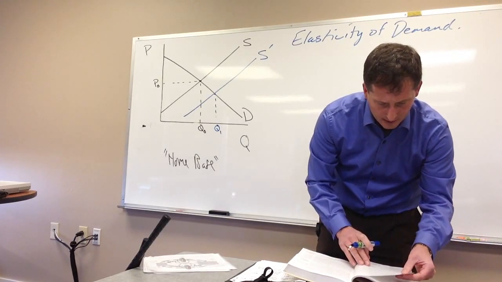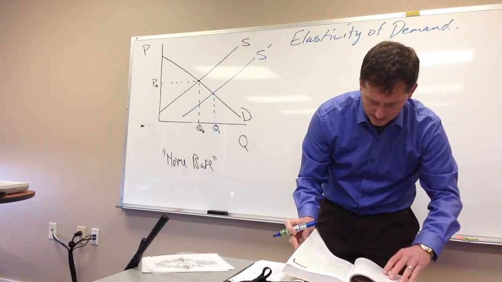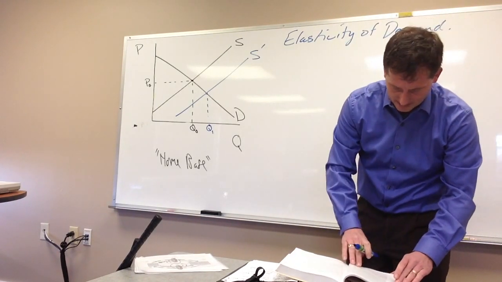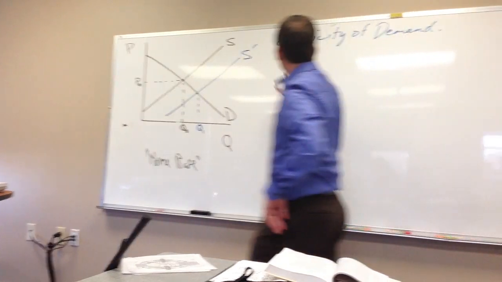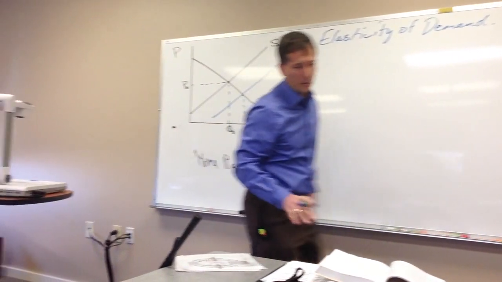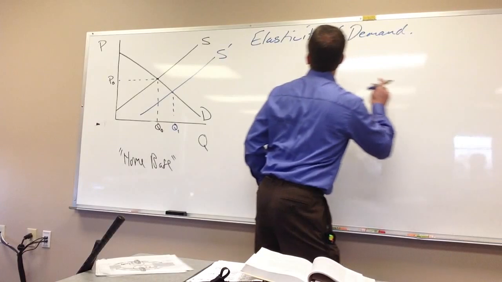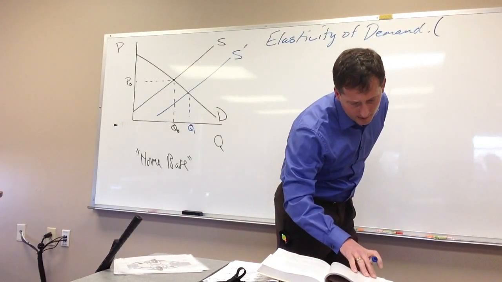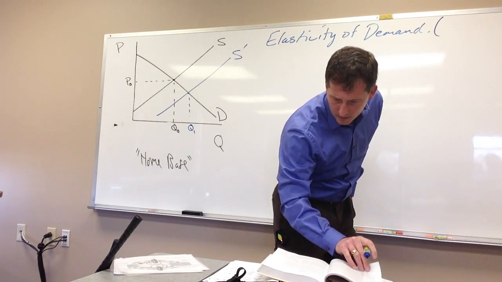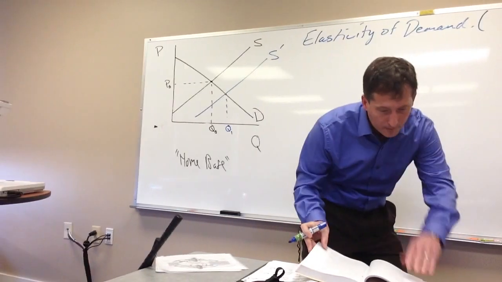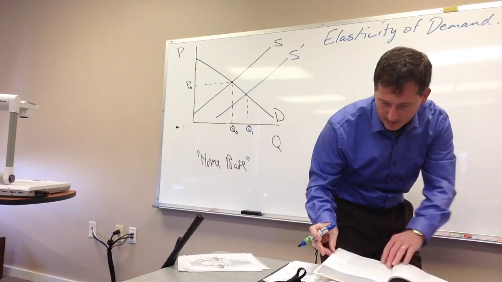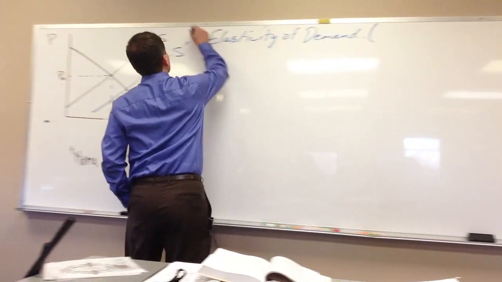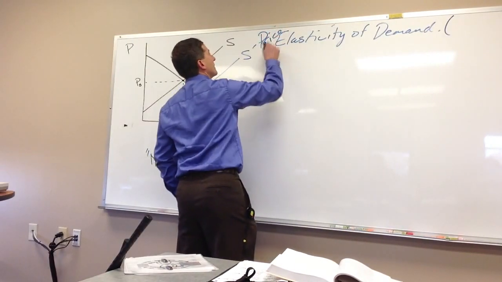I think they just call it the price elasticity, don't they? Okay. So the price elasticity of demand. Where'd you see that? Page 43? Oh, that's too far back. Okay. There we go. Good. So page 4, let's just sneak in. I'll keep consistent with the text here.